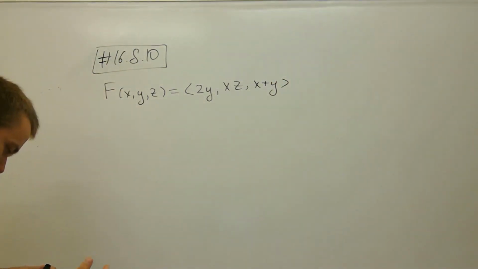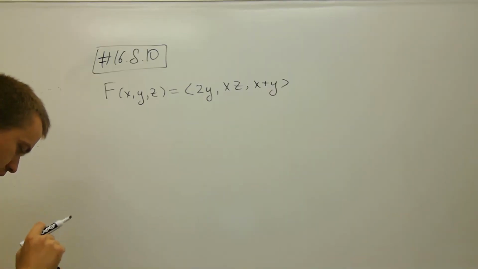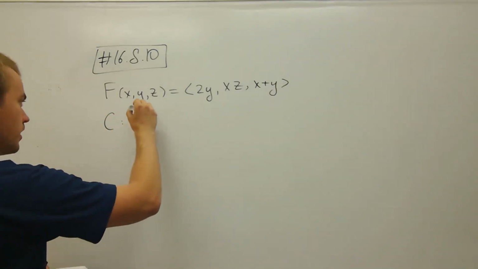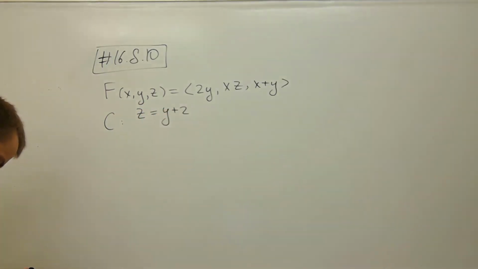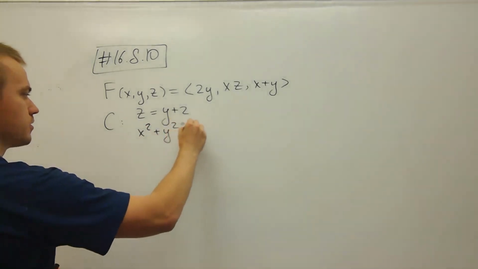And what is my surface? Oh no, what's my curve? My curve C is described as the intersection of the plane z equals y plus 2 and the cylinder x squared plus y squared equals 1.